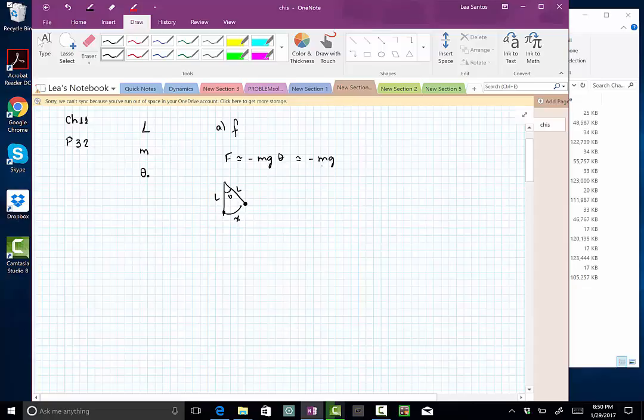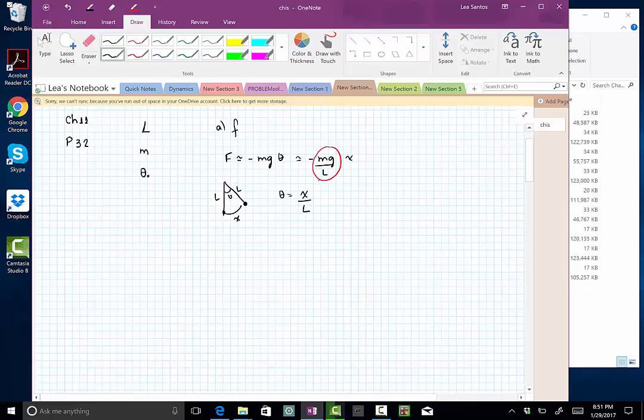Remember the definition of radians: theta is the arc divided by the radius, so I can write this as x over L. So this whole thing here, minus mg divided by L, plays the same role as k, the spring constant, when we are playing with the spring. All the equations that we found for the spring can also be used for the pendulum. The only thing is that instead of k, we are going to use mg over L.